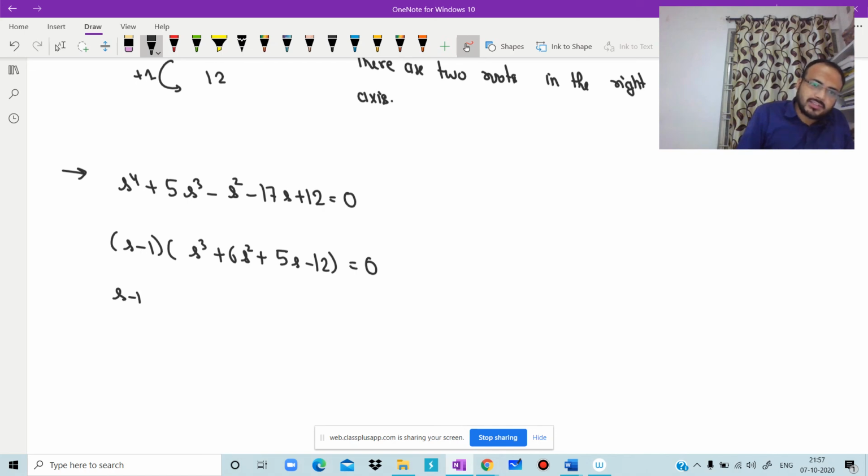And again you will get s minus 1, s minus 1, s square plus 7 is s square plus 12.